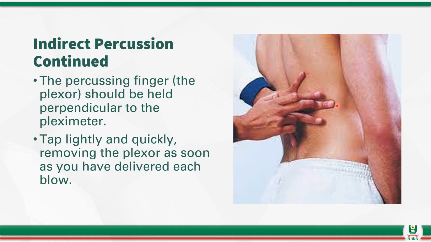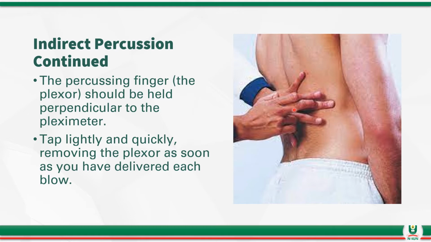The back of the middle phalanx that you place on the area you want to examine is then struck with the tip of the middle finger of your dominant hand, which now becomes your plexor.